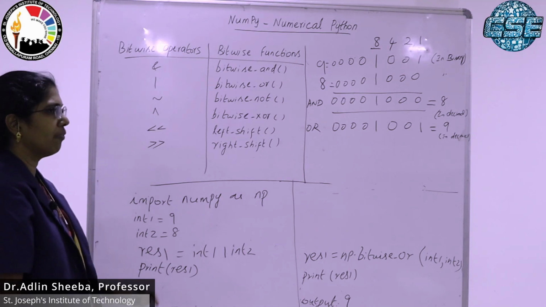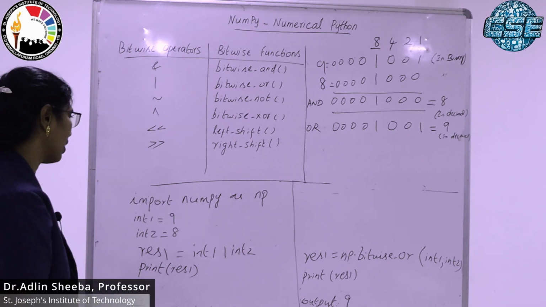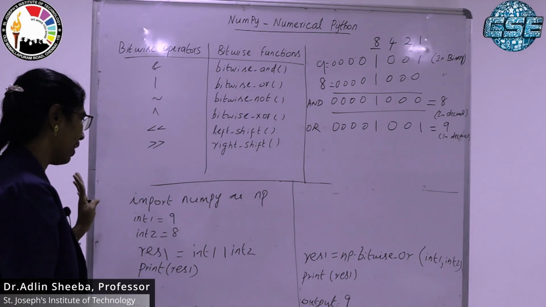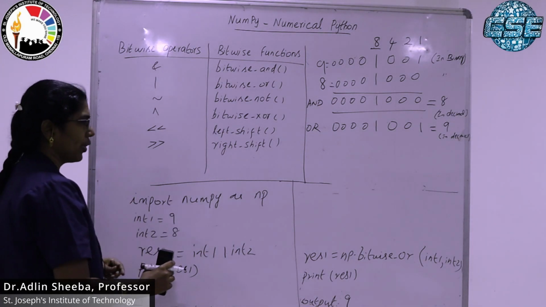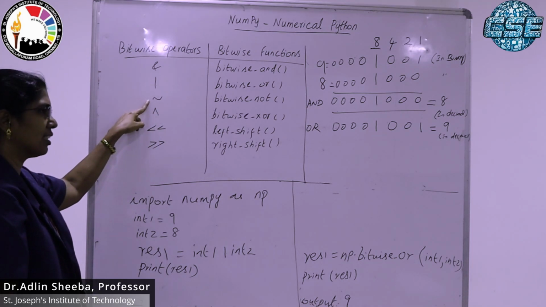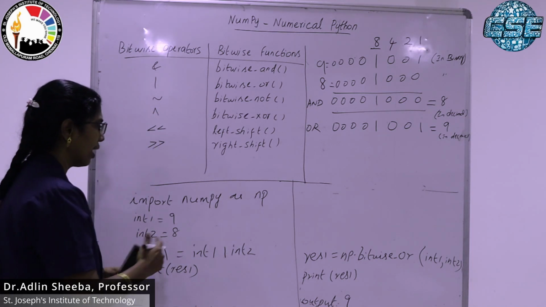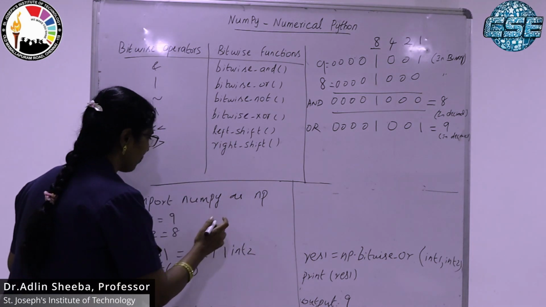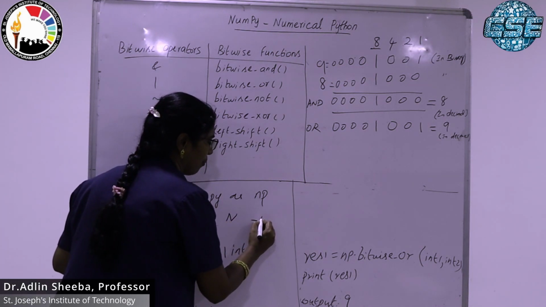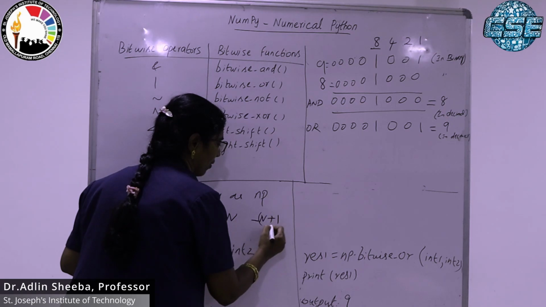The next operation we have is bitwise NOT. For bitwise NOT, only one number is enough, so we are not going to calculate anything newly. We know that if n is the integer, then the output will be minus of n plus 1.